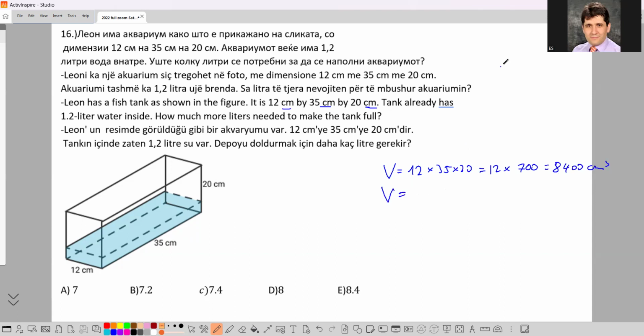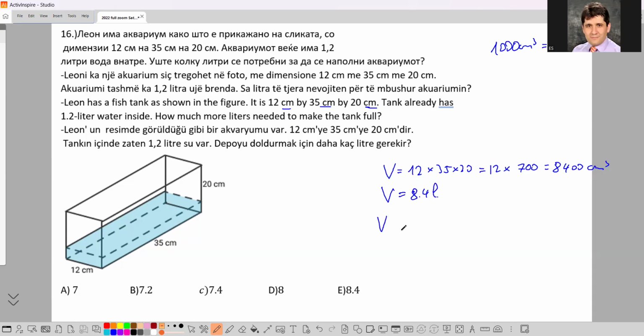So the conversion into liters is done like this. 1000 centimeters cubed is actually 1 liter. Which for us means that it's actually 8.4 liters, the total volume.